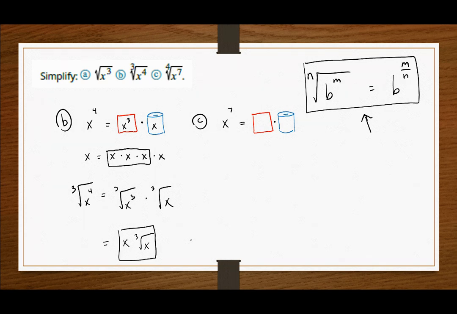A similar scenario can be seen in part C, where again my exponent, 7, is not evenly divisible by 4. However, if we factor it in this case, we'll find that x to the fourth times x to the third is how we want to split this up.